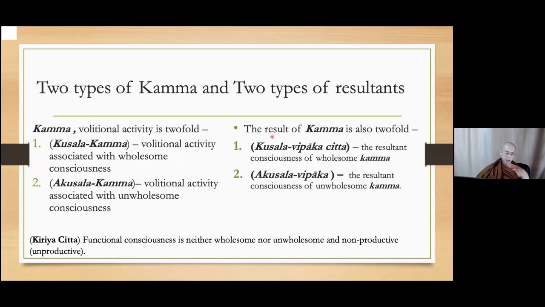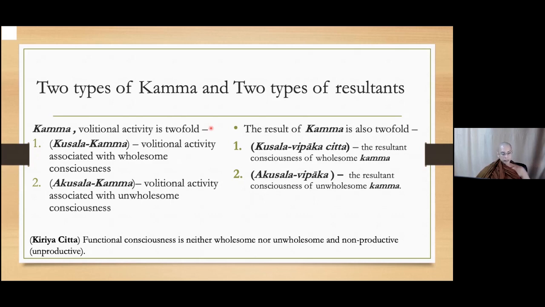Okay, so karma has 2 types. The result of karma is called vipaka. The Pali word vipaka means the result of something. So here the result of karma is also divided into two: kusala vipaka chitta and akusala vipaka chitta. Here we are studying the chitta, which refers to consciousness.